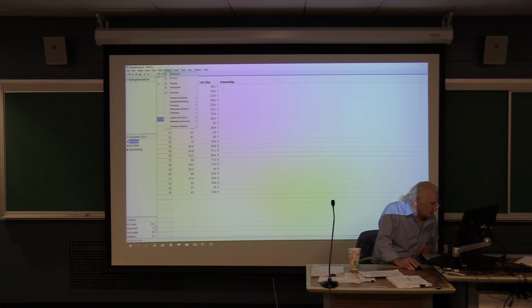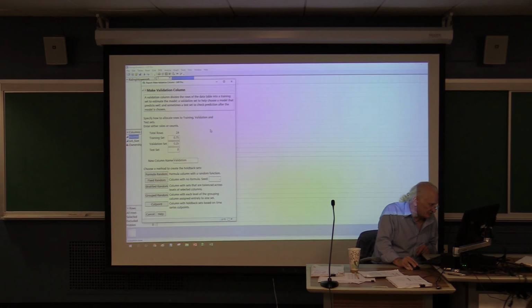So anytime you do supervised learning, you want to create the validation column, and I have very few records, so 0.6, 0.4, 0. It doesn't matter, I keep using this number.